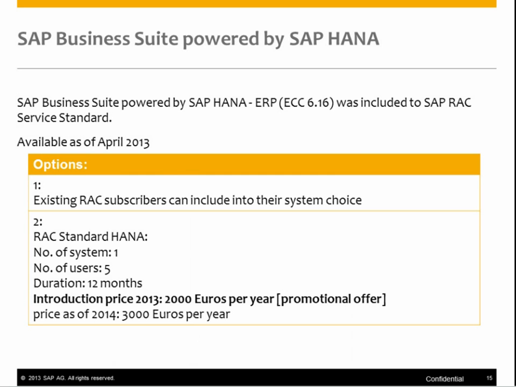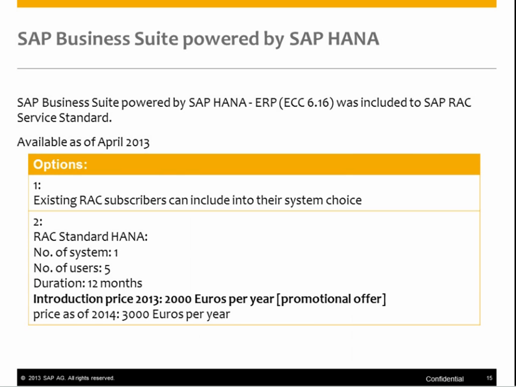So existing RAC subscribers can include that system in their system choice. They just need to contact the support line and announce the new system choice.